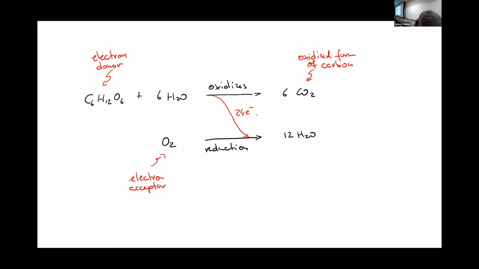So there's 24 electrons and 24 protons. And there you see again why the changes in pH and the changes in pe go hand in hand, because these are going to be happening at the same time. Okay. So the H2O now here, of course, is just to add the label to it. This is the reduced form.